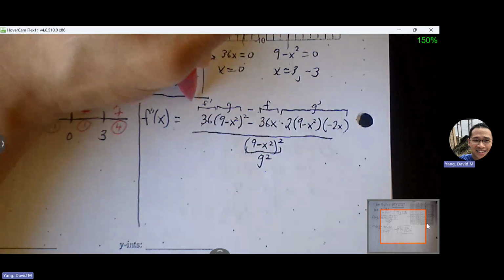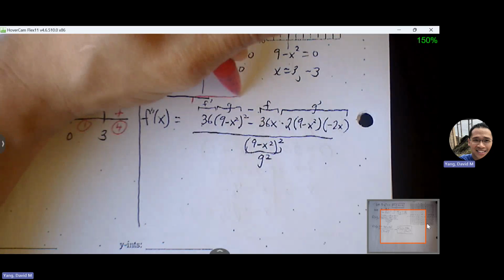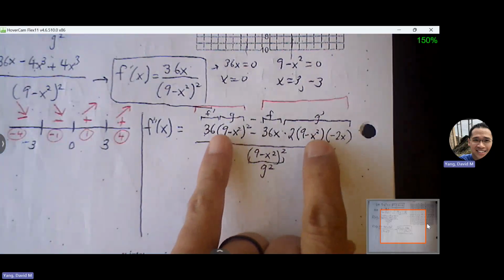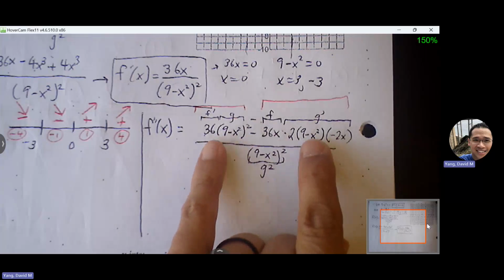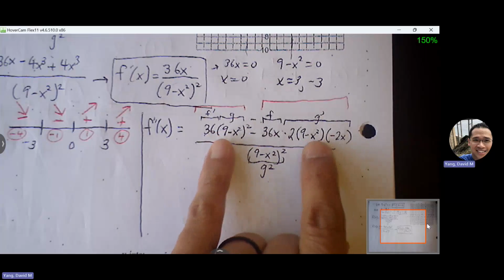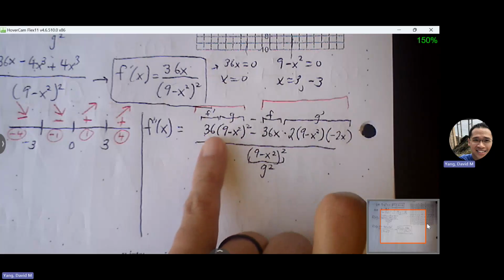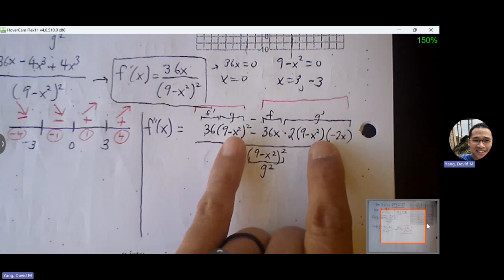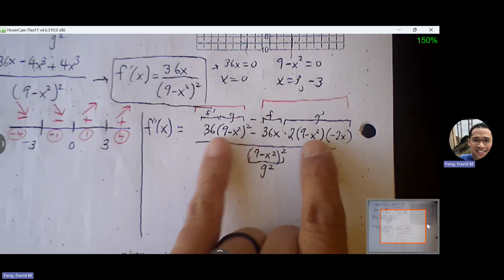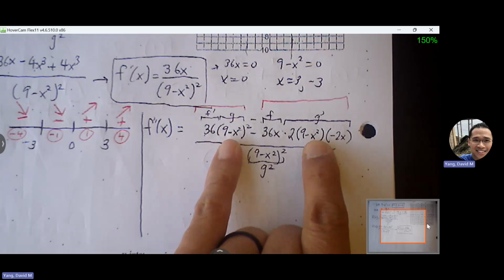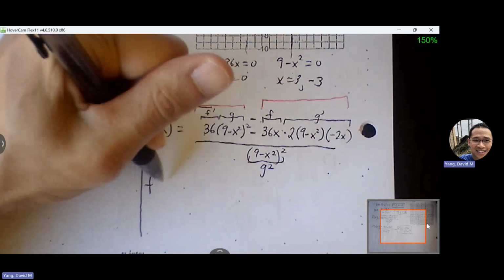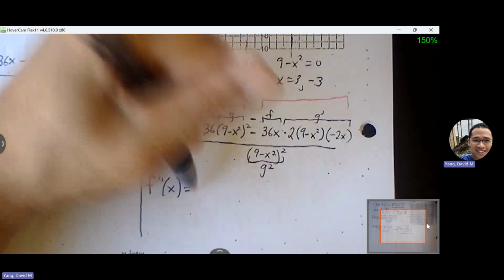Imagine this as two expanded terms, and if we can pull the GCF out of these two terms, then the rest will collapse a lot faster. What is shared between these two expanded terms? If we think of this as one term and this as the second term, they both have 36, and they both have 9 minus x squared. If I take out a 36 and 9 minus x squared from both of them, then whatever remains will be in its own parentheses, and it'll collapse a lot faster.